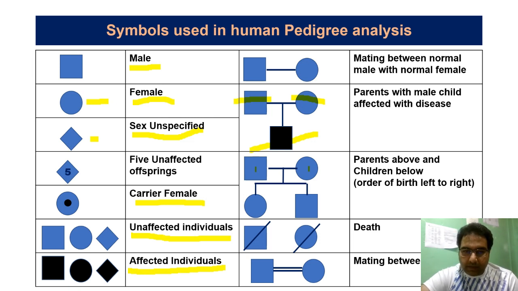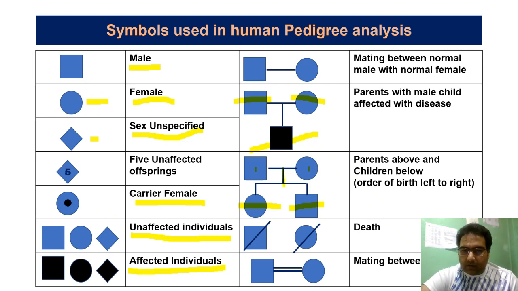One is female, in a circle, and this one is male. Again, this horizontal line represents the mating or marriage between these two, and this vertical line represents the progeny or offsprings.